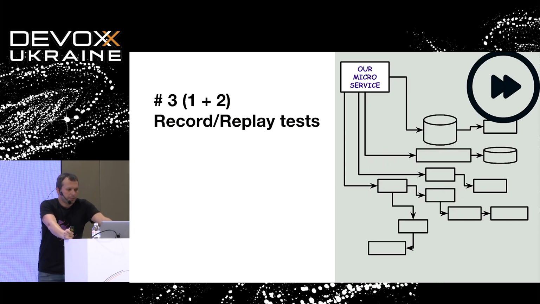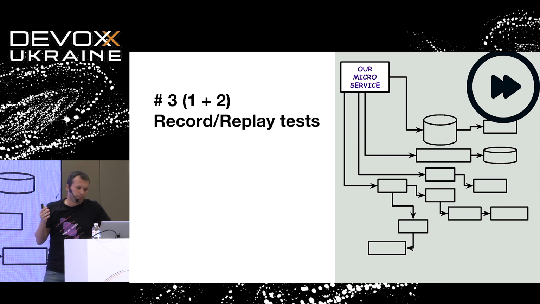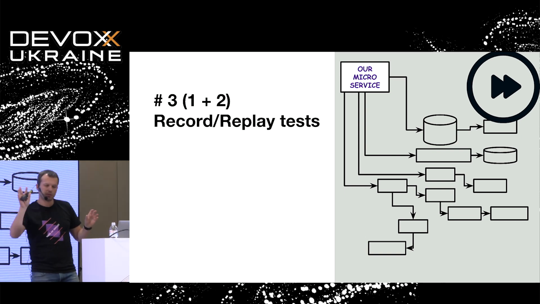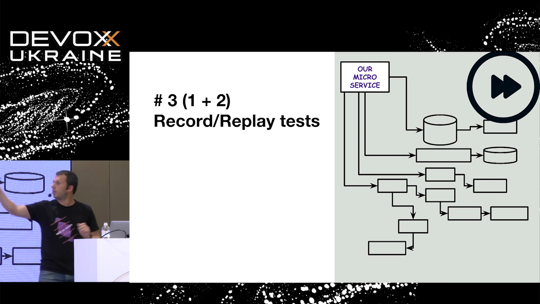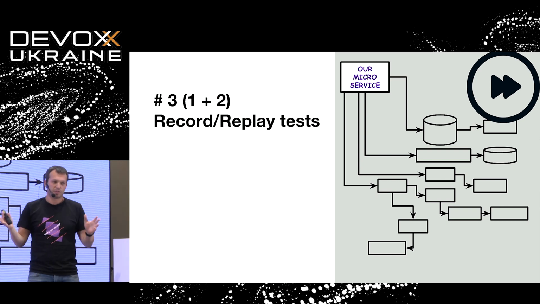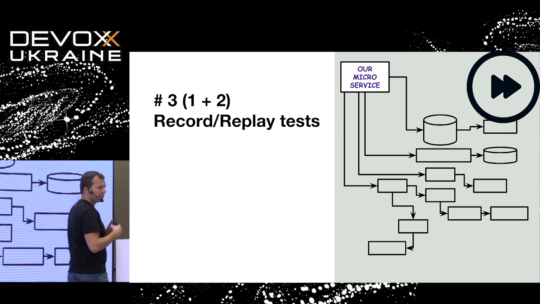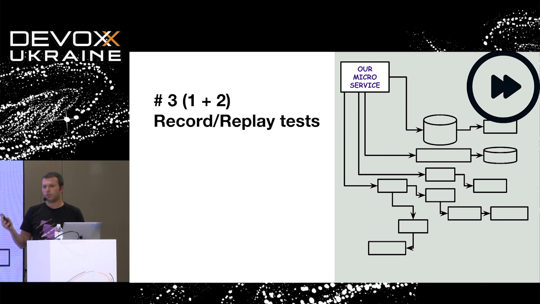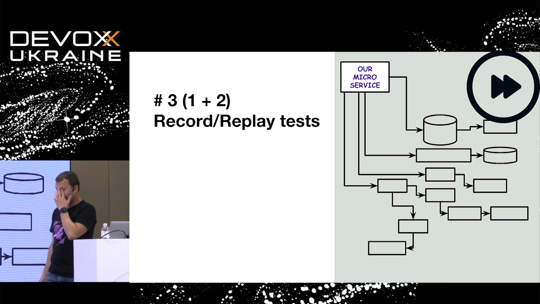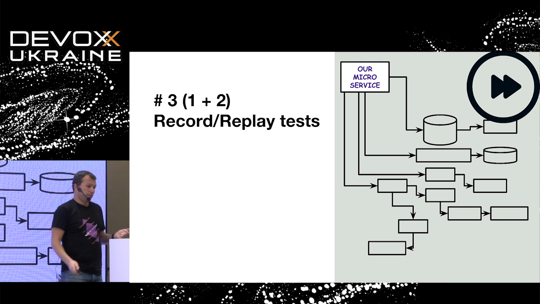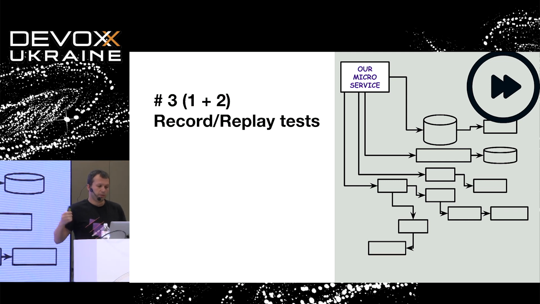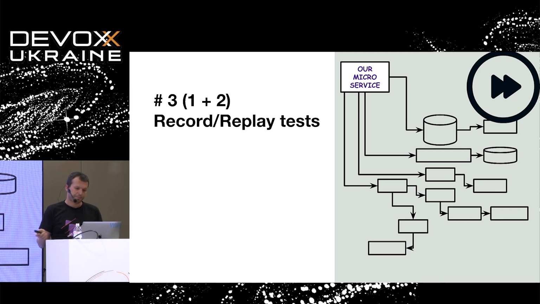Okay, so it looks like there is something good in approach 1 and something good in approach 2, and 1 plus 2 is 3. So let's try to combine them. Let's take the good parts of each one of these approaches, which is record and replay tests.